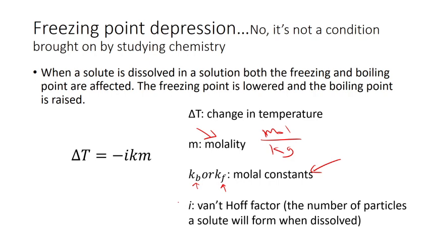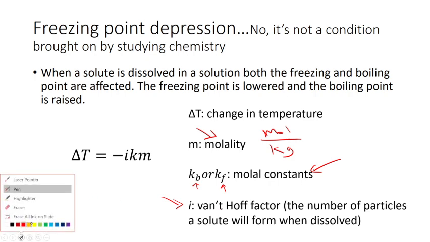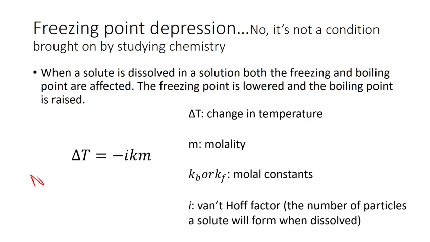And then the van't Hoff factor, which basically equates to the number of particles a solute will form when dissolved. So for some examples on that, sodium chloride will dissolve into 2 particles, therefore its van't Hoff factor is 2. Something like calcium chloride has a van't Hoff factor of 3, because you've got 1 calcium and 2 chlorides.